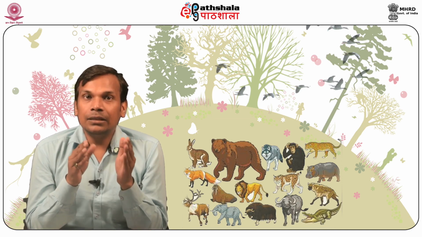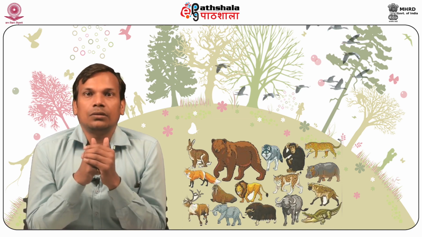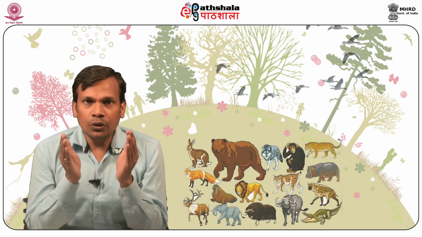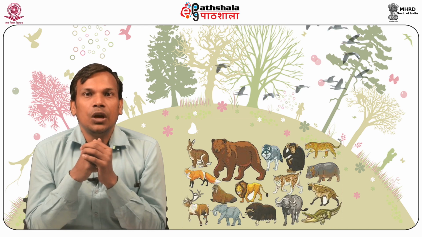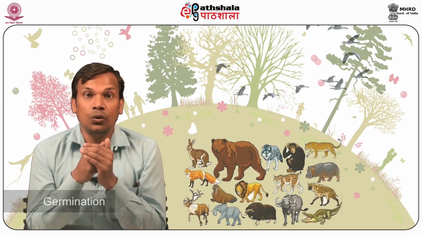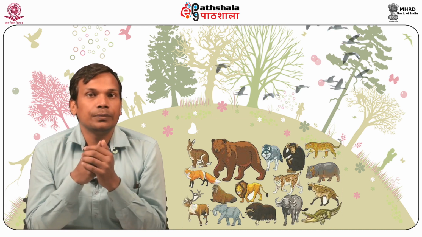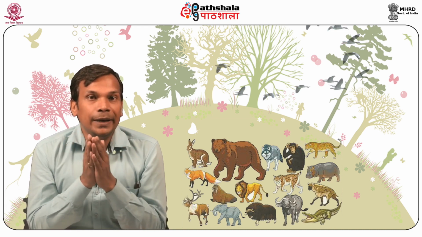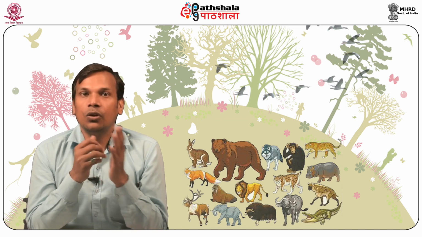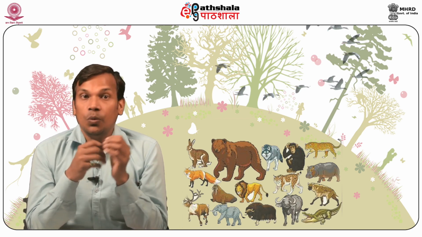Natality is another important characteristic of the population, which tells the production of new individuals which arise from hatching, germination, or fission. It is further explained as absolute natality and ecological natality.